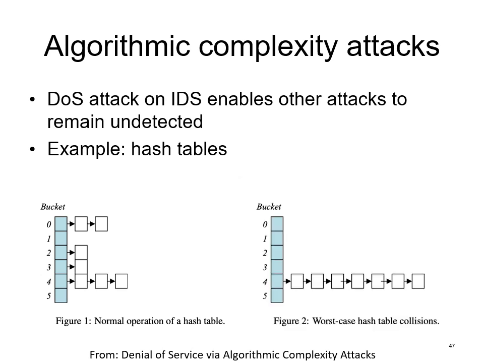So if you send 10,000 packets and end up in a linked list, and every time a packet comes in you need to search that linked list, that's a lot of CPU to be used. And so this can overwhelm the processing capacity of the firewall, and then again, either you shut down the network as a whole, or the IDS, if it's on the side, gets turned off and stops detecting problems. It will start dropping packets because it can't keep up anymore.